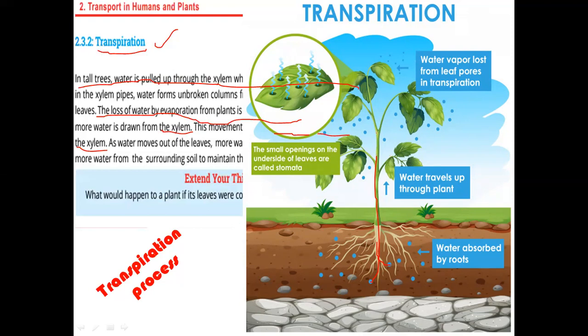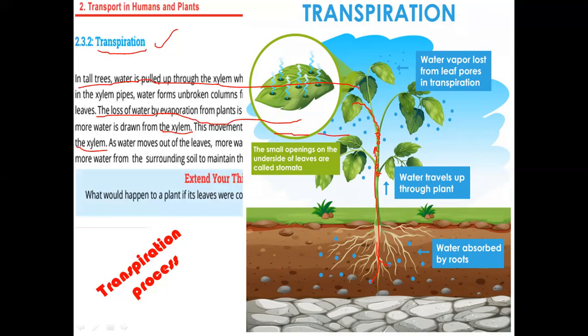Water molecules have forces of attraction between them. For example, this is one molecule, it will attract the other water molecule, and that will attract the next. So it has the force of attraction. When this water molecule moves forward, the lower one also moves with it, and from here the next water molecule will move with the next, so they move in an upward direction.